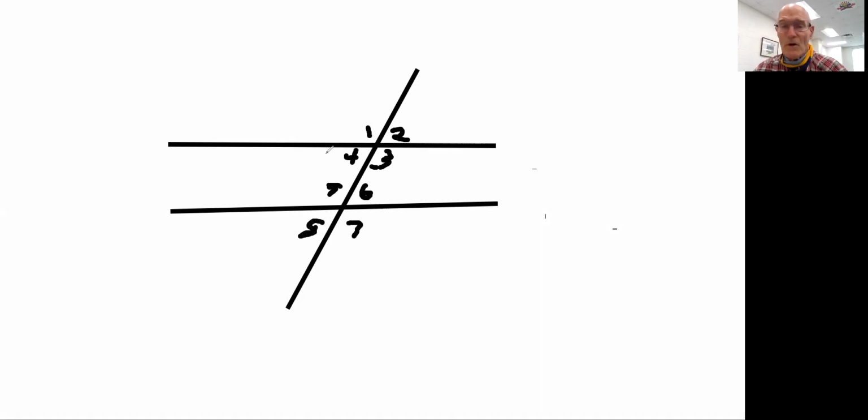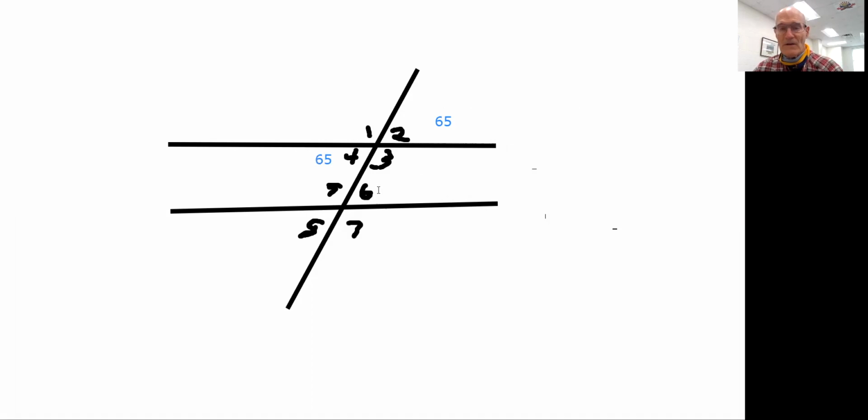The one thing I know here, for instance, if I say that angle 2 here is equal to 65 degrees, then I know that angle 4 is equal to 65 degrees because 2 and 4 are vertical.